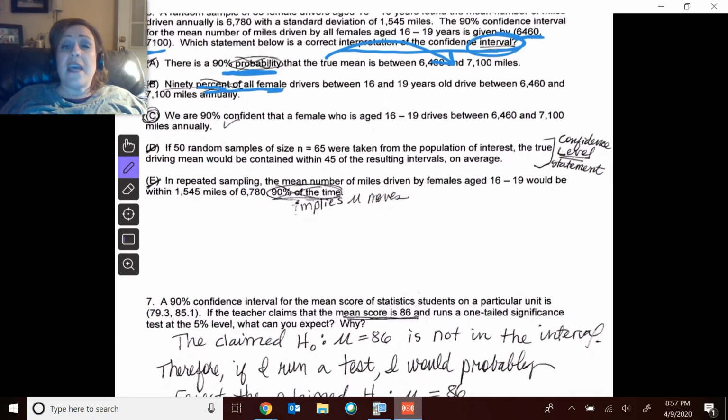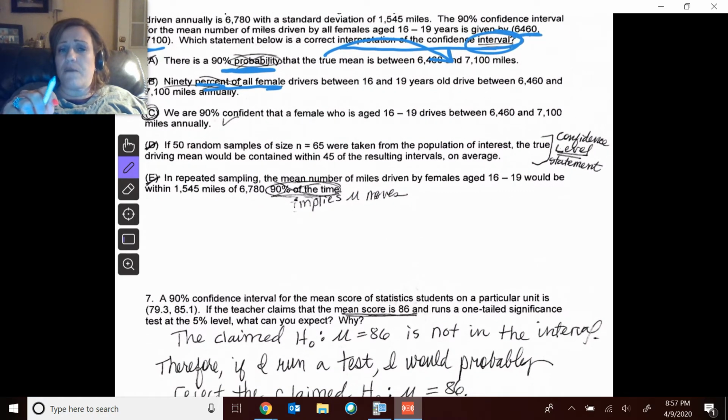Oh, if 50 random samples were done, 45 of them, how many? So 45 of those 50, that's about 90%. And what size interval? The 90 doesn't, and the resulting intervals. So we would do all of those resulting intervals.